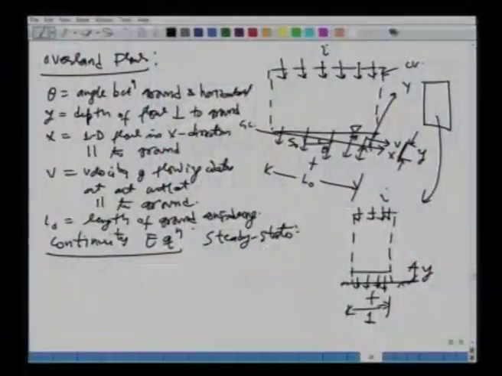When you write the continuity equation for a steady state process, again you apply the extensive property, intensive property. The left hand side is 0, and on the right hand side you have two terms in the Reynolds transport theorem. The first term is the accumulation, because of the steady state nature there is no accumulation, there is no increase of mass within the control volume.